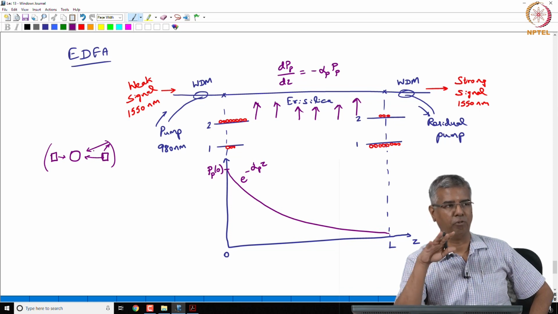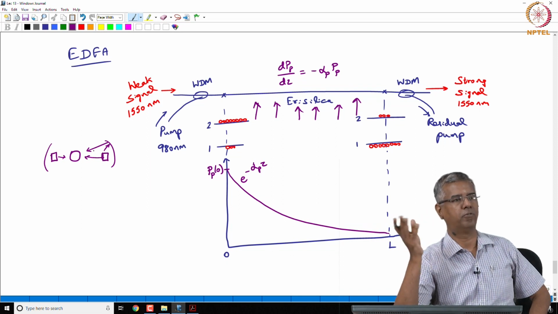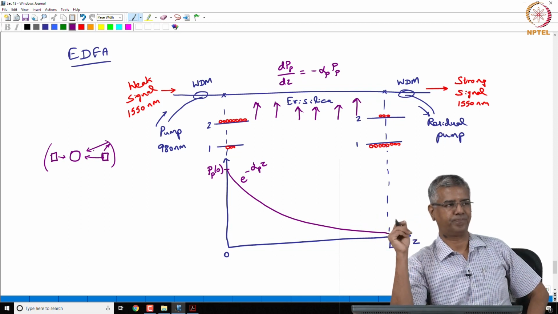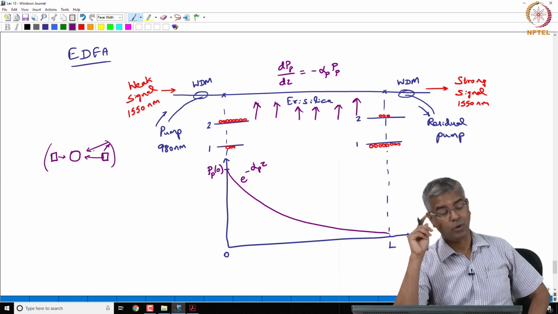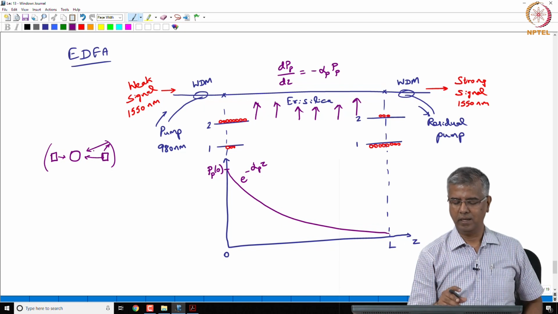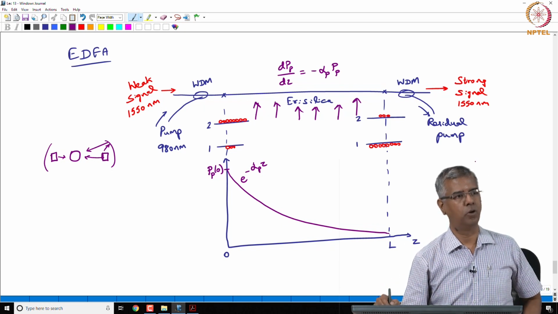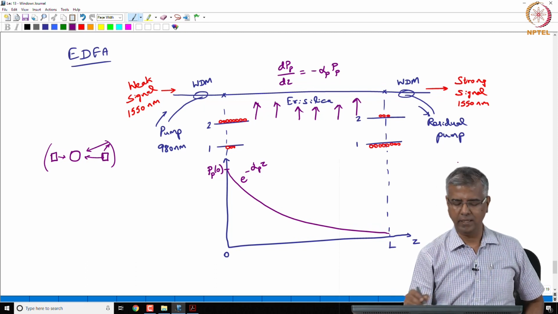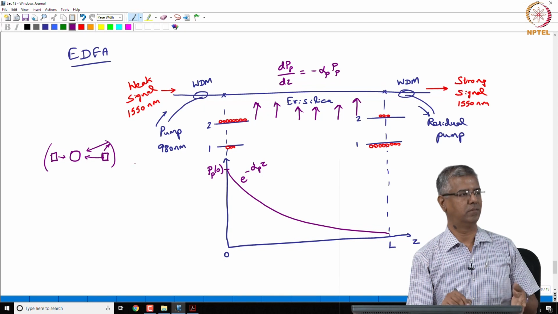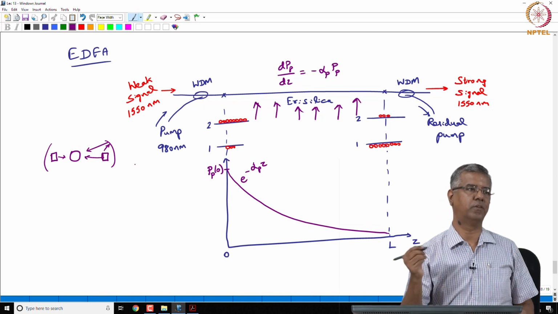If you are doing fiber based amplifiers, you invariably have to pump from one of the ends of the fiber. You could launch the pump from the output side, and take out the residual pump from the side where you are launching the 1550.